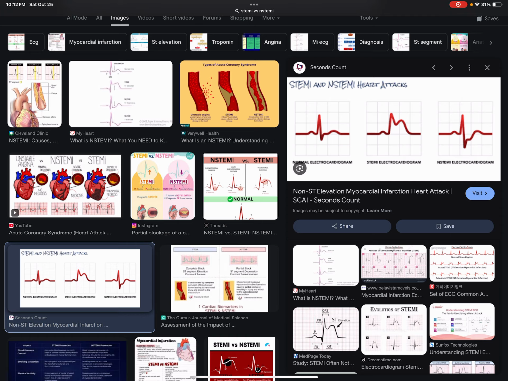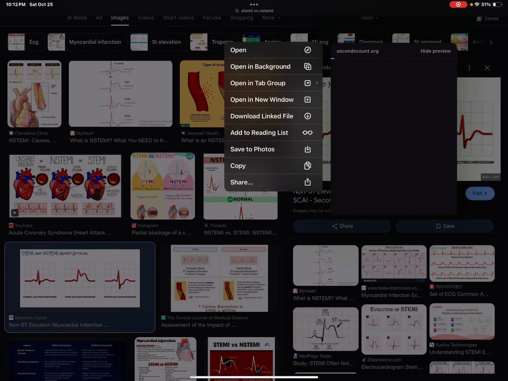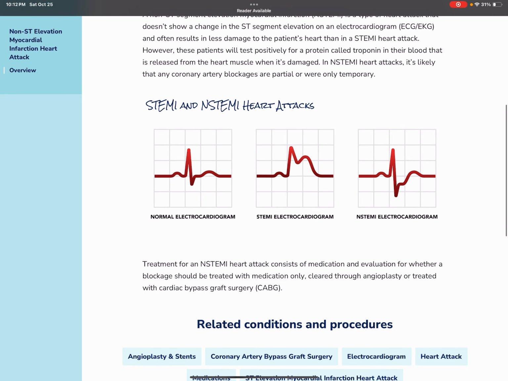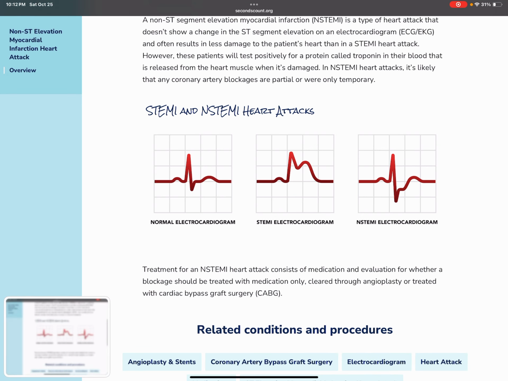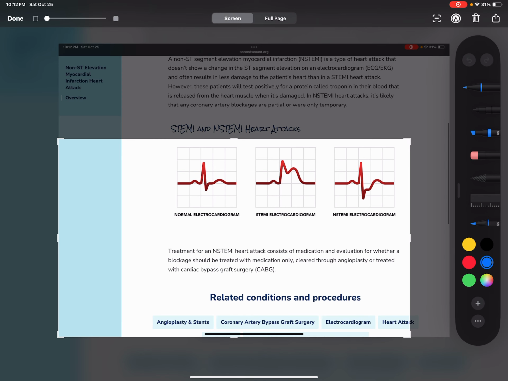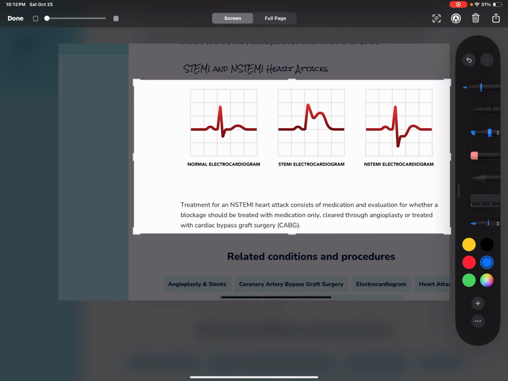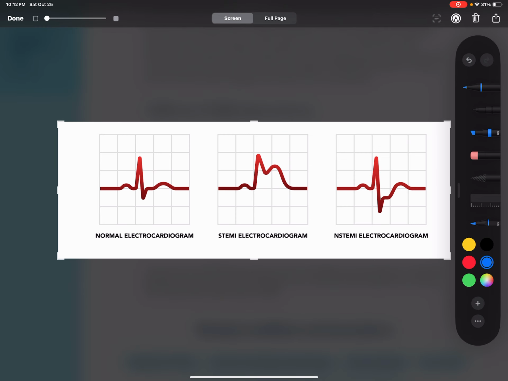So, ST elevation. So non-STEMI is ST depression. It causes, on ECG, the baseline to go upward.